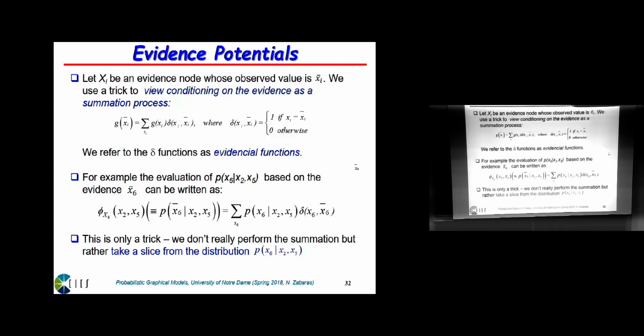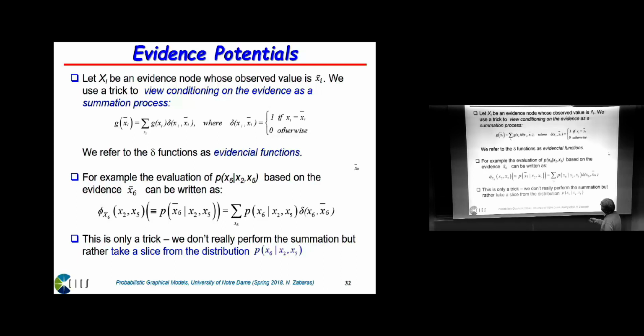And that potential is a delta function that says, whatever you do to that node can only take that value. All right? But you treat it as a potential, and you sum over the variables using your elimination algorithm, and you let the delta function do the algebra, the selection of the slice from that conditional distribution without doing it explicitly.